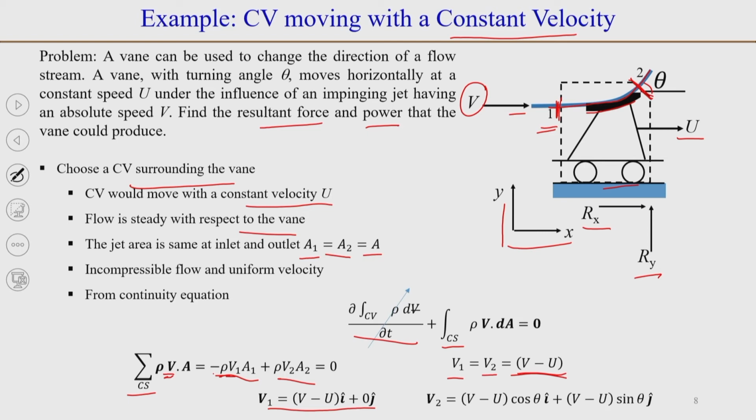At section 2, the flow is directed at an angle. The magnitude of the speed is v minus u. So, its x component will be v minus u cos theta, and the y component will be v minus u sin theta. When we write it in vector form, it is v minus u cos theta i plus v minus u sin theta j.